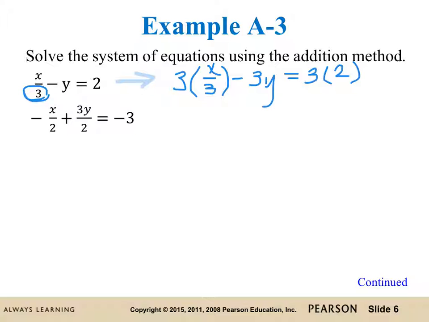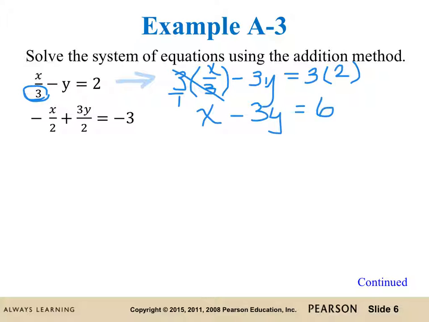So this is essentially the exact same thing as what we did in the last example, just that we have a different goal here. We want to eliminate the fractions. And of course, since this is actually 3 over 1, then those 3's cancel, and we have left just x. And then x minus 3y is equal to 3 times 2, which is 6.